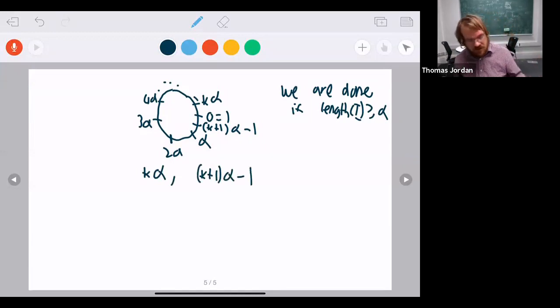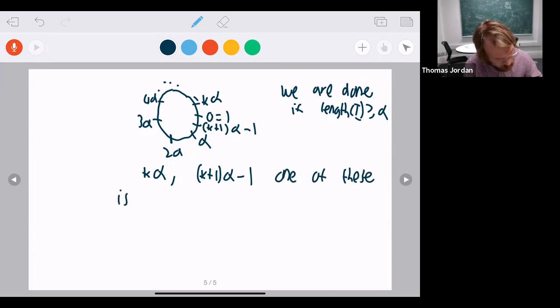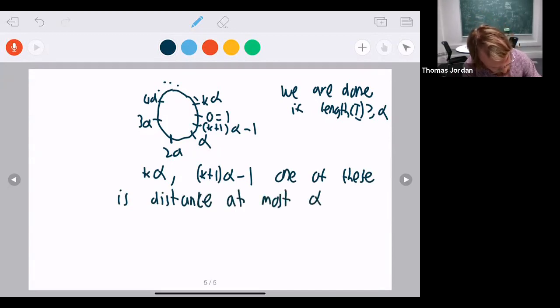These are the 2 points either side of 0. One of these is at distance at most alpha over 2 from 0.